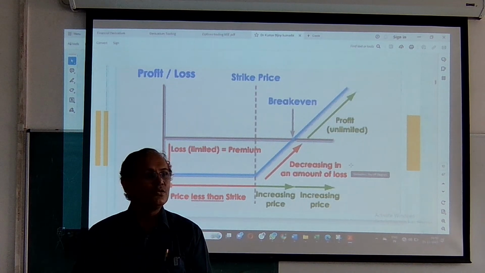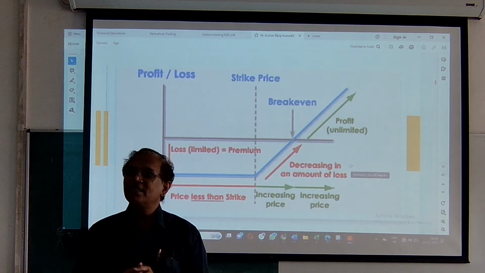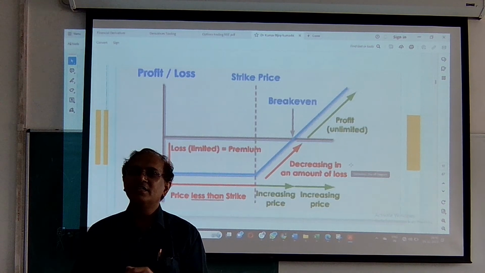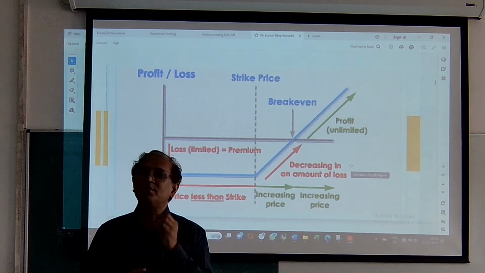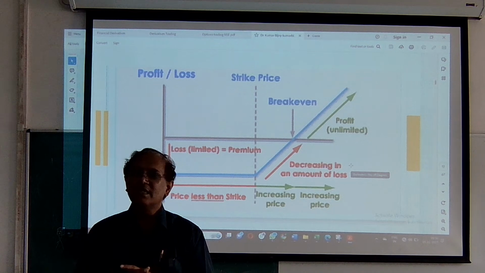So let's work on the pricing technique, which is premium determination: how the option premium is going to be decided. It is a numerical-based exercise.